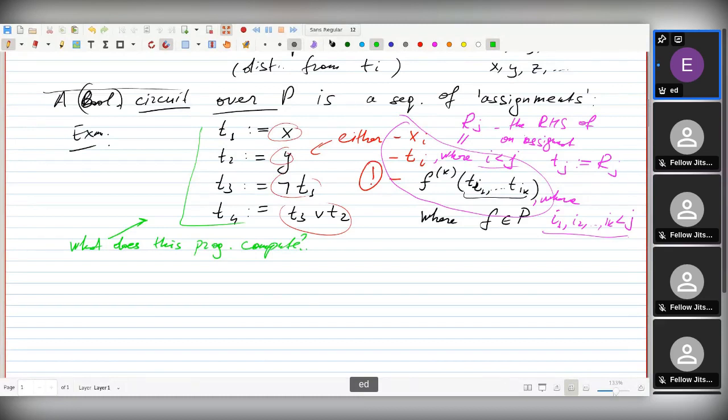First of all, every line, every row of this function naturally corresponds to a function of inputs. But what does this program, this circuit, compute as a whole? Do you have any idea? Which function does it compute?